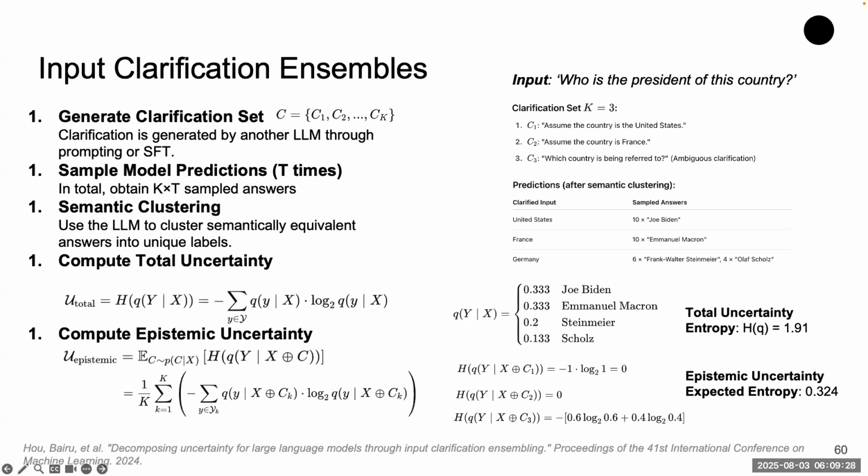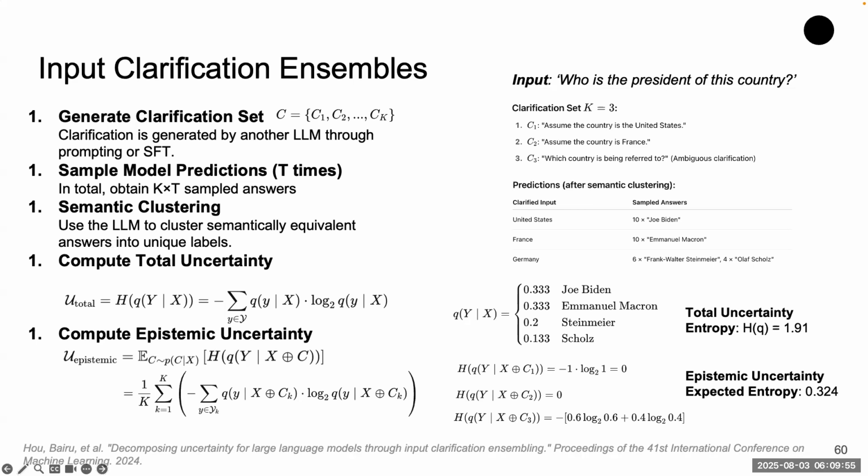And it's just very ambiguous without clarification. And then for each clarification, you concatenate it with the original question, and then you get the answers. So for this clarification set, you will have 10 output answers, like Joe Biden for the United States.